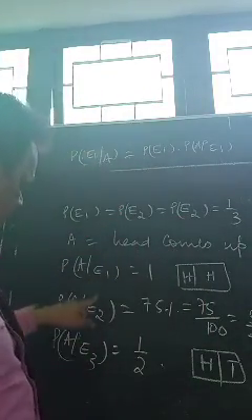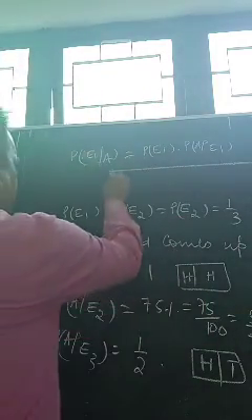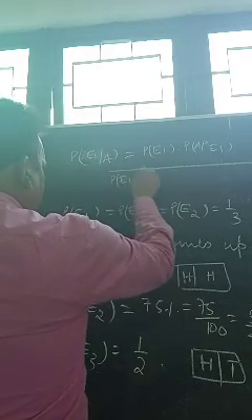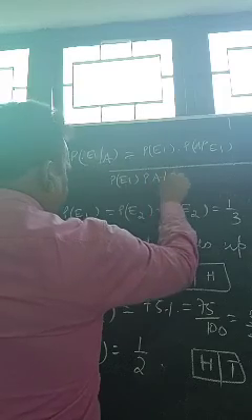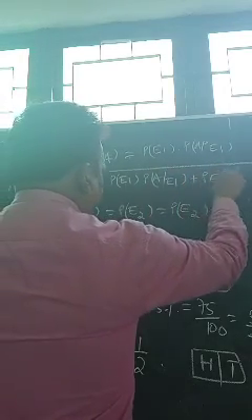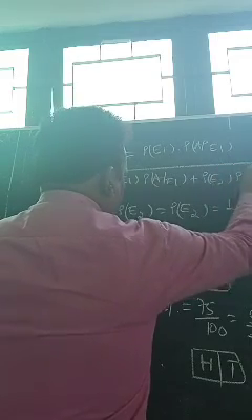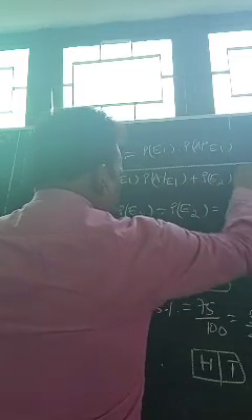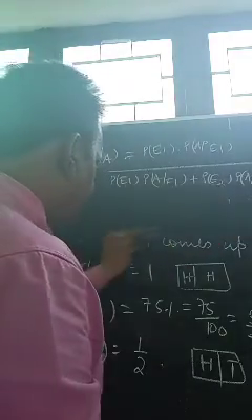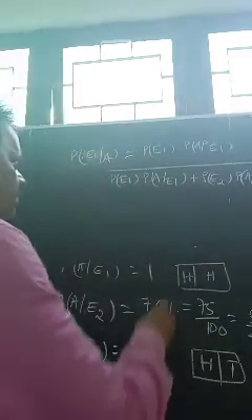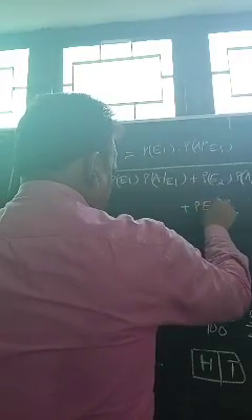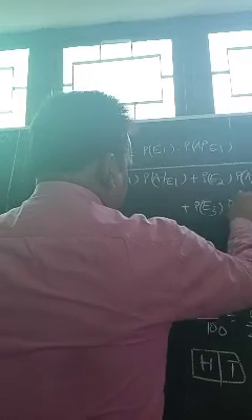Total means we have 3 events here. So you can write E1, AE1, E2, AE2, then plus E3, AE3.